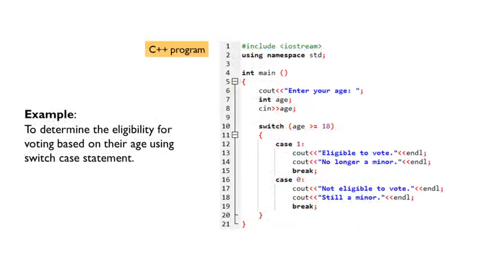The next example is to determine the eligibility for voting based on age using the switch case statement. In addition to being a variable identifier or complex expression, the switch expression can be evaluated to a logical value.